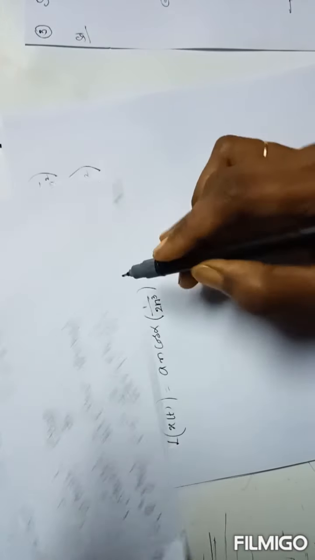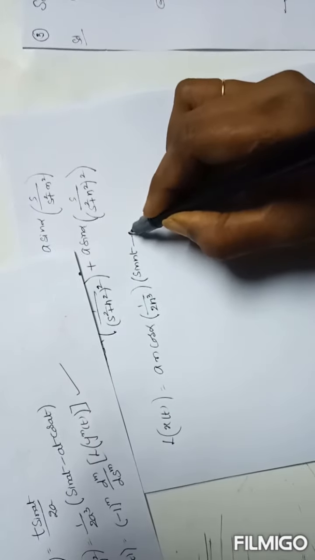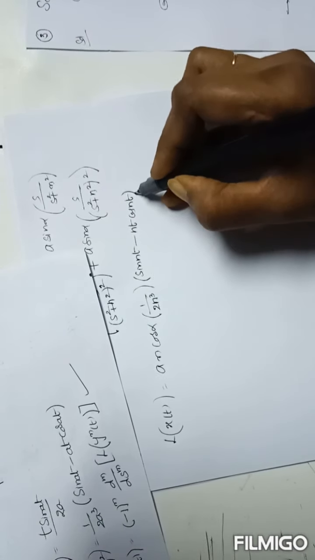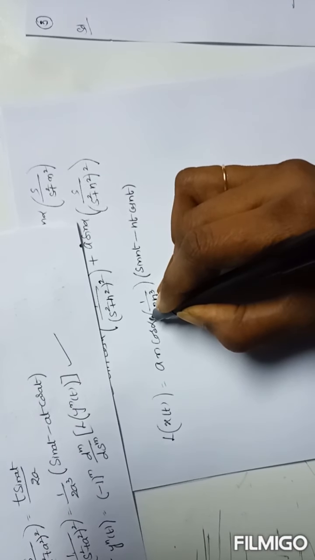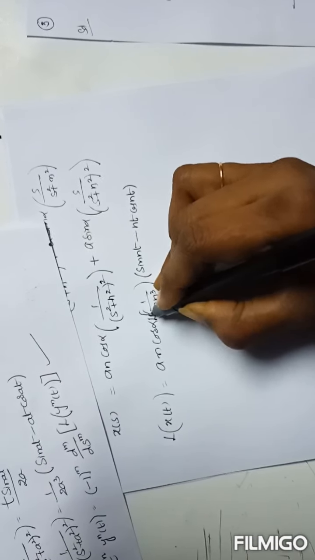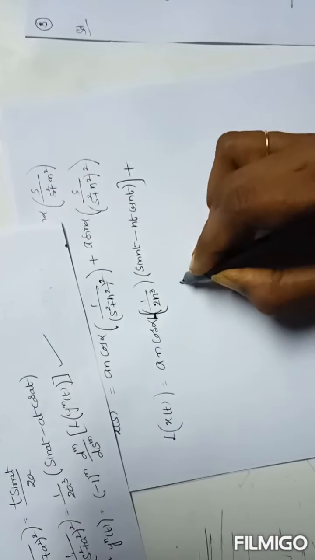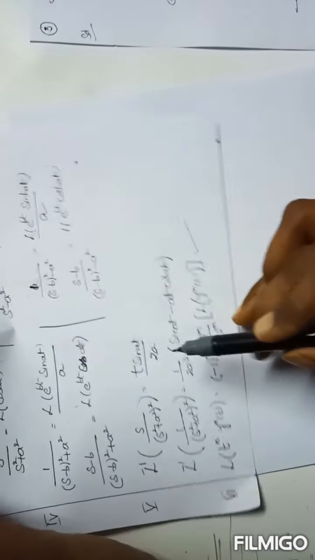Next is sin nt minus nt cos nt. This is the formula of L of, according to the standard formulas, plus a sin alpha as it is. This is also a standard formula.